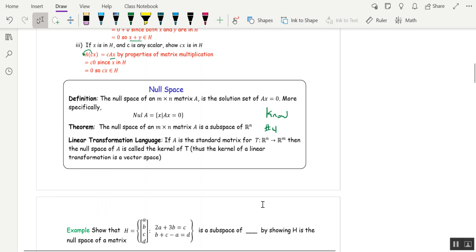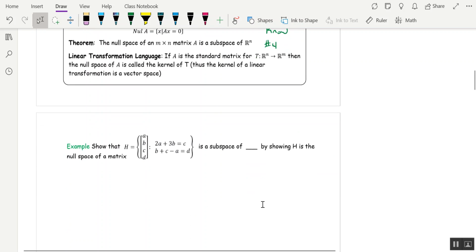So let's look at some examples. Show that H equals this set of vectors is a subspace of blank by showing it's the null space of a matrix. All right, well, what could it possibly be a subspace of? These are vectors in R4 because there are 4 entries. So that's the only possibility to put here. So we want to show we have a subspace of R4.